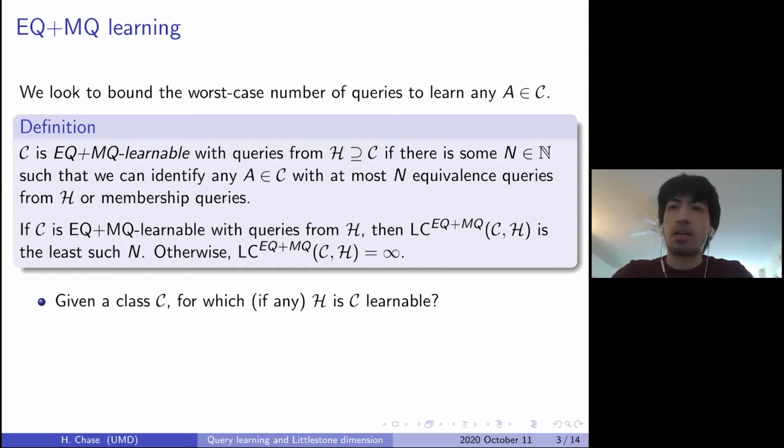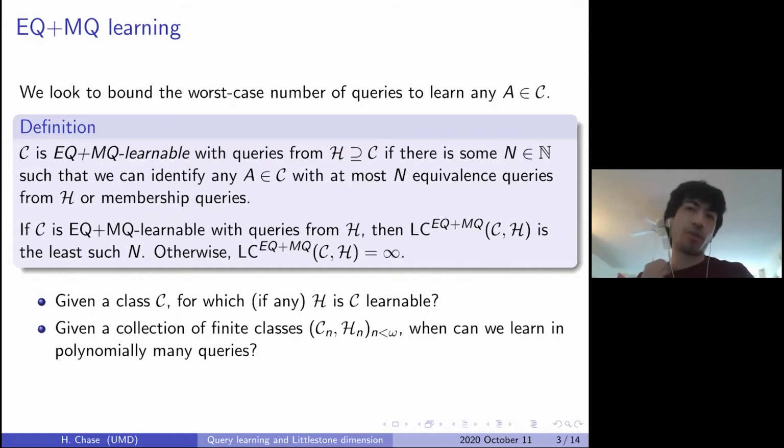We can also talk about efficient learning if we're given a collection of finite classes, or really any collection of classes indexed by n. When can we learn in polynomially many queries, here polynomial in n? So these are the basic questions that we're thinking about.